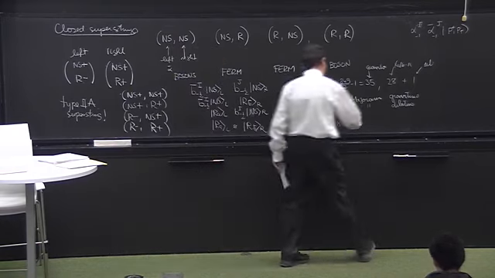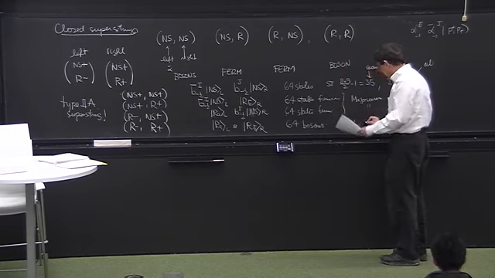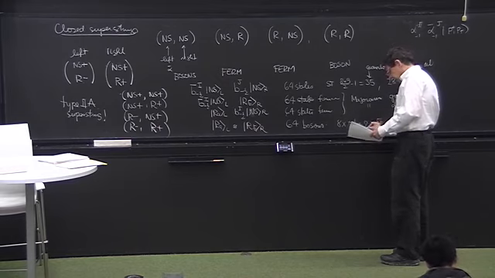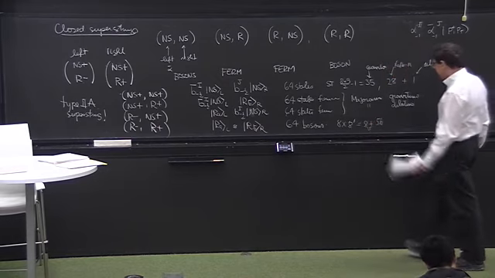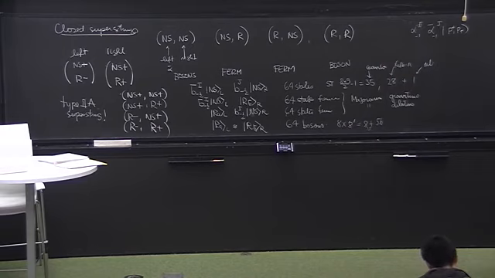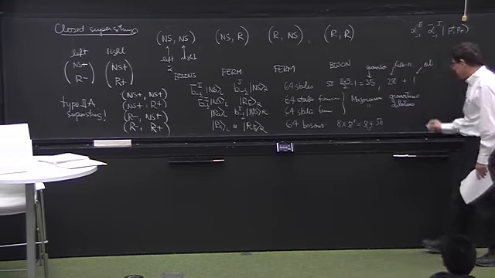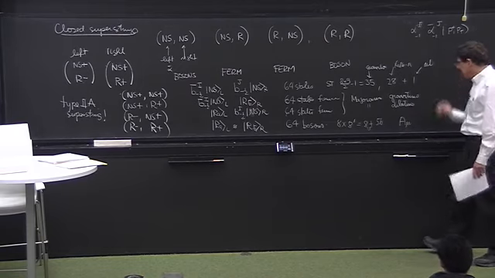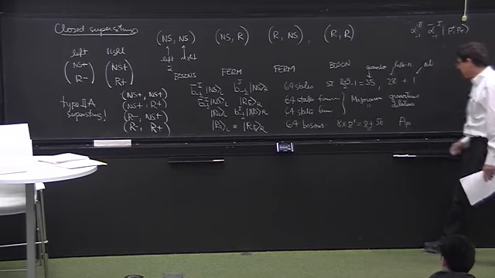In group theory, they write it as 8 plus 56. 8 vector plus 56. So actually, you get a vector field, a Maxwell field like an A mu, and a 56.